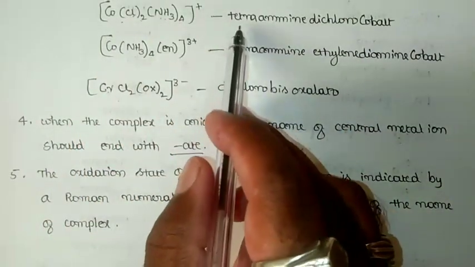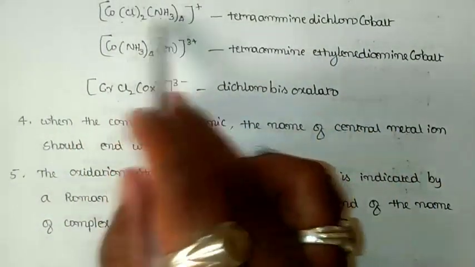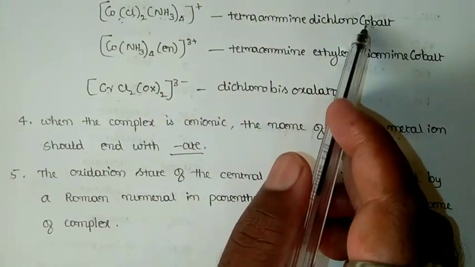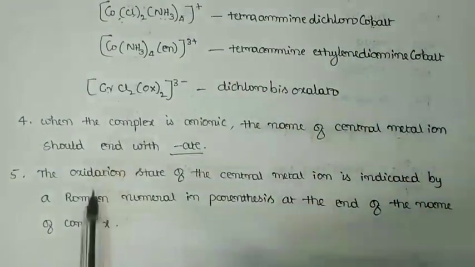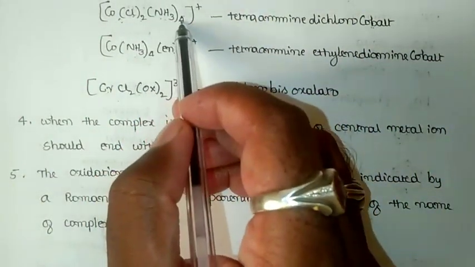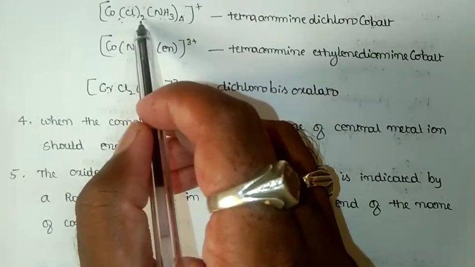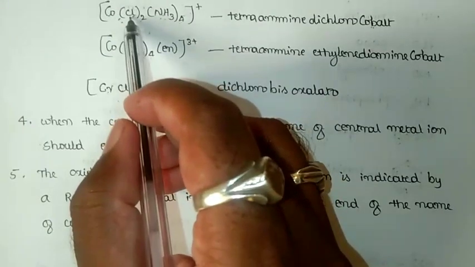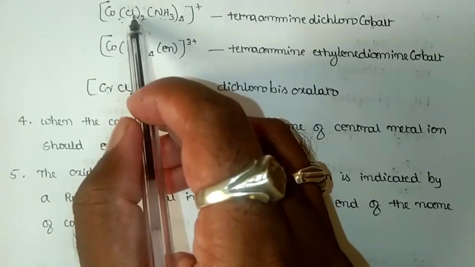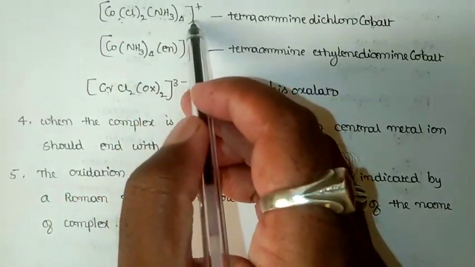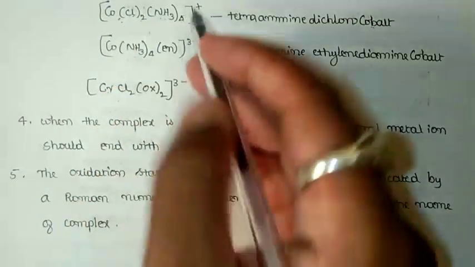So here we have given the name for all the ligands, the name of the central metal ion is written, and at last we are supposed to give the oxidation number. Here NH3 is a neutral ligand, need not be considered. There are 2 negative ligands, so 2 minus: X minus 2 is equal to plus 1, so X is equal to plus 3.